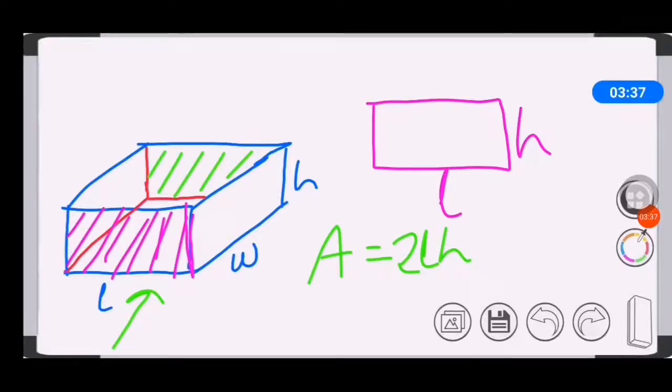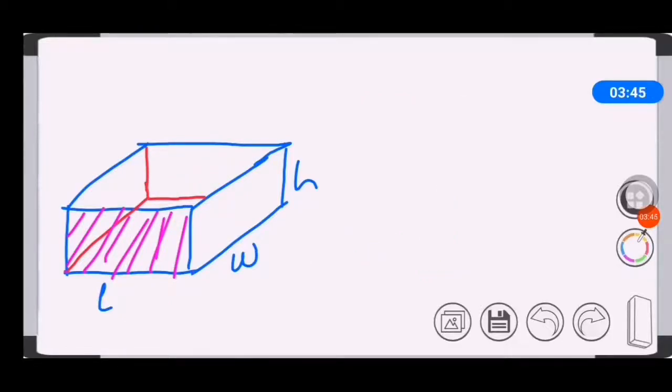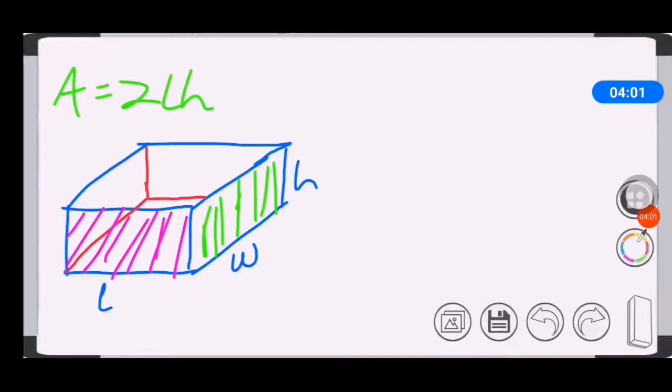Let us look at the other shape. We've done the front face, area was 2 times the length times the height. What if we take the right face here? What will be the area? Let us draw that shape.